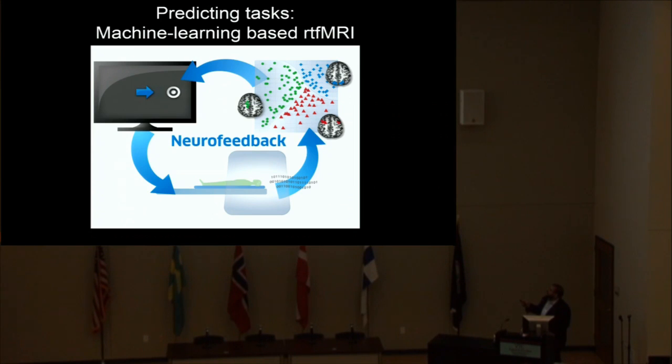And then once we have this model, then we can add this blue arrow back in and look at things like neurofeedback, adaptive fMRI experiments where parameters of the stimulus are changing based on ongoing processes of the brain, or we can think about using this as a platform for studying brain-computer interfaces.